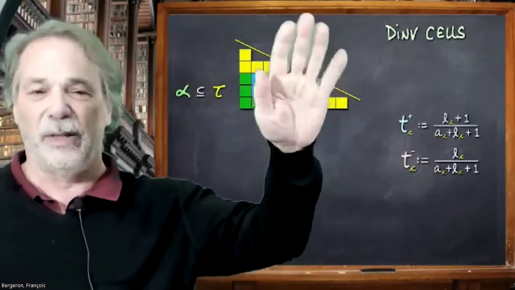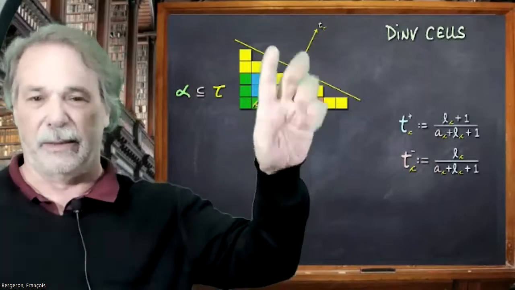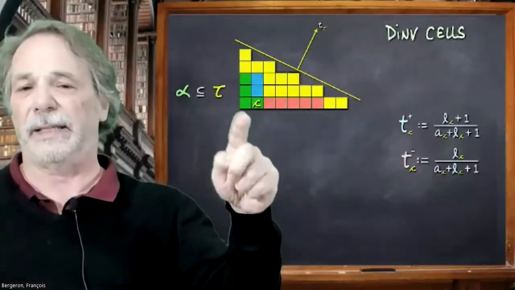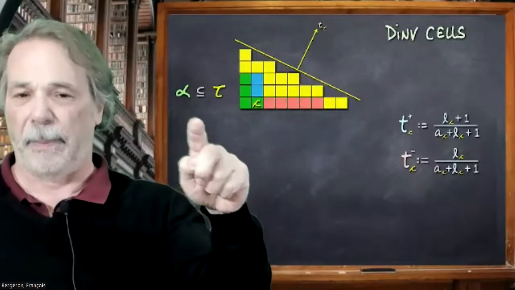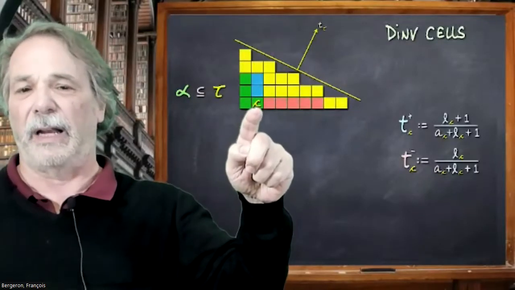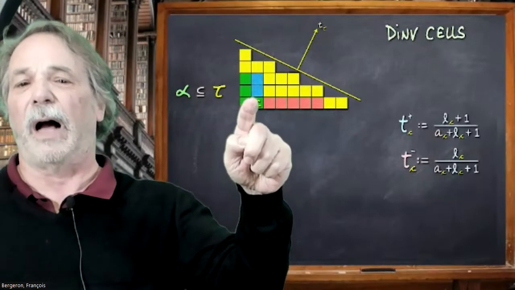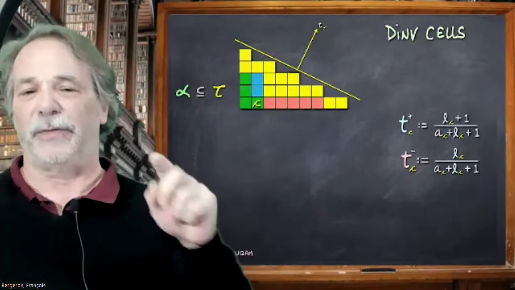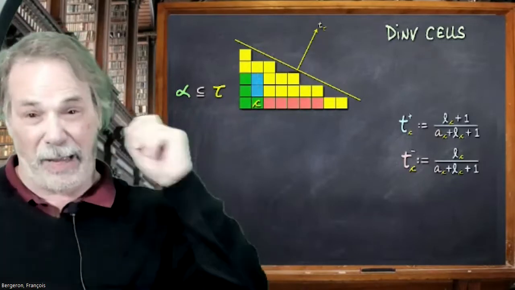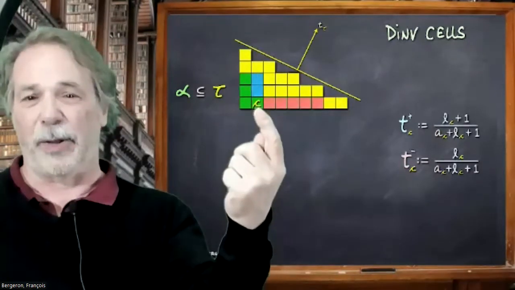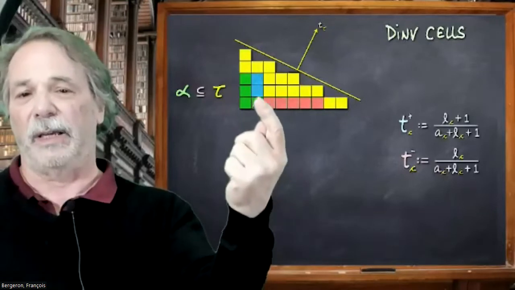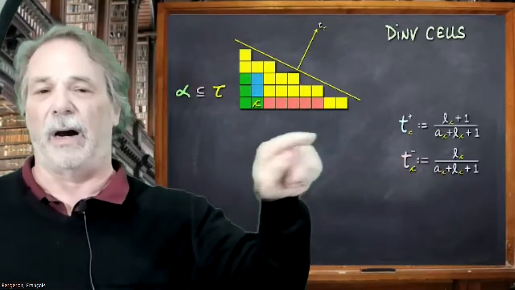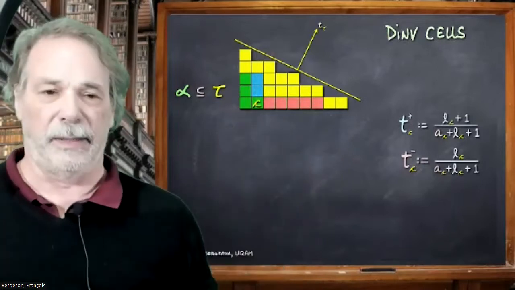You could play a bit with it, but I'm going to explain. And then I look at one cell, any cell, inside the green part. And for this cell, I look at its leg that goes up, the blue cell here. If you are colorblind, you might have trouble, but this is the number of cells above c which are in the same column, and then the red cells, which are the arm of c.